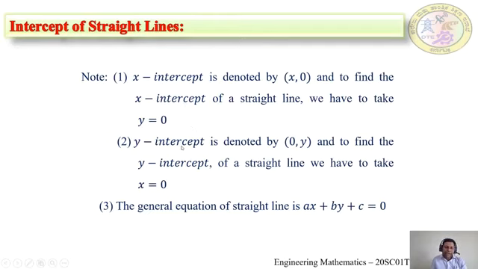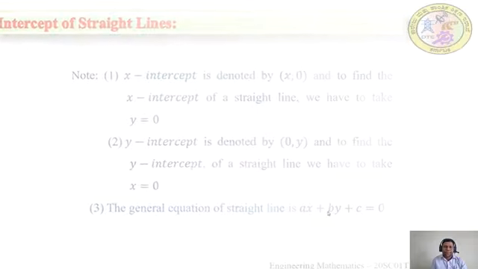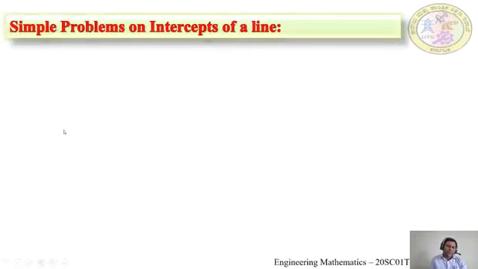If you want the y intercept, put x equal to 0 in the given equation of the straight line. The general equation is of the form ax plus by plus c equal to 0. Then we will move on to some simple problems on intercepts of a line.